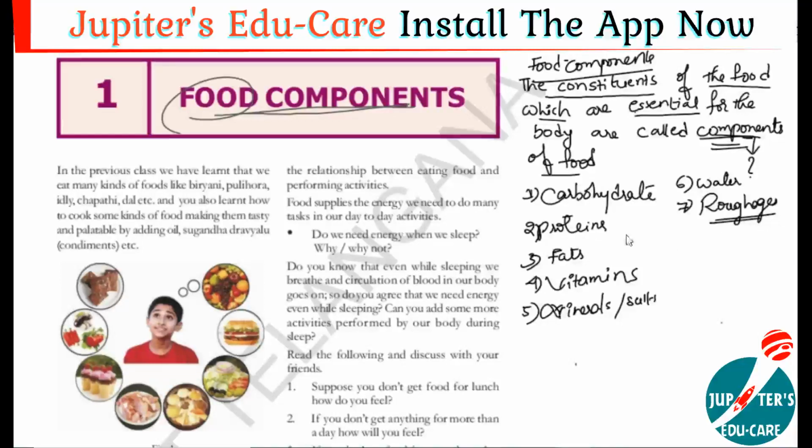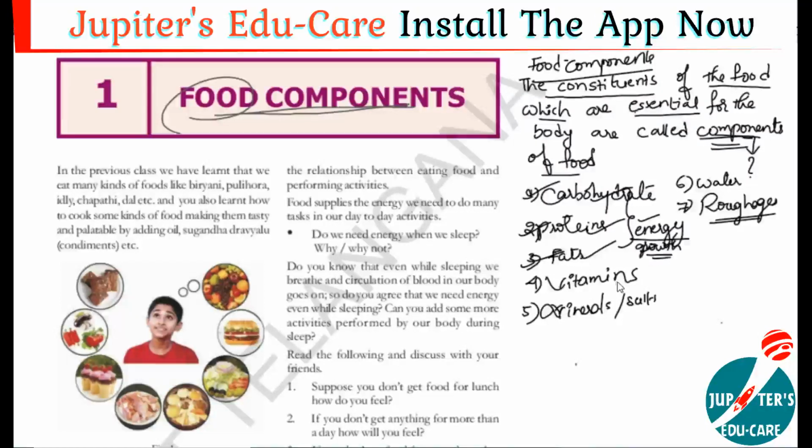Then what are the functions of these food components? The food components which provide energy for growth and development of our body are carbohydrates, proteins and fats. These three provide energy and help in growth.